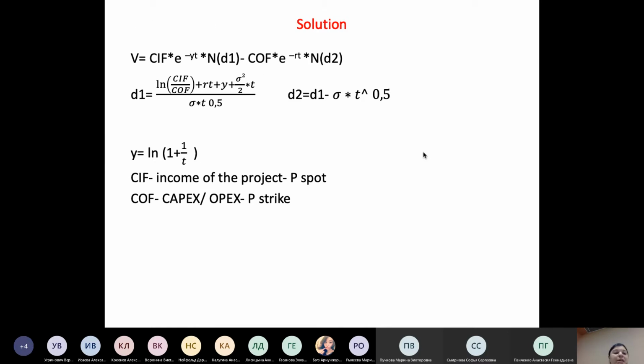The first parameter will be our losses in our stock yield, our dividend yield. If we change the period of starting our investment project, certainly we are changing our possible benefits from the investment project.